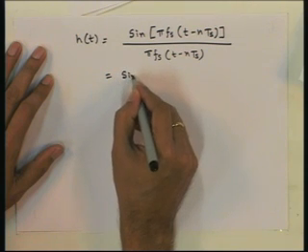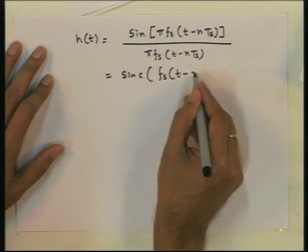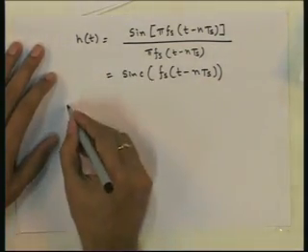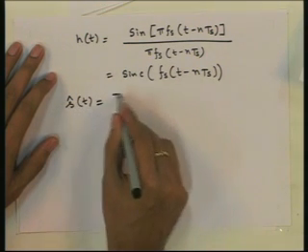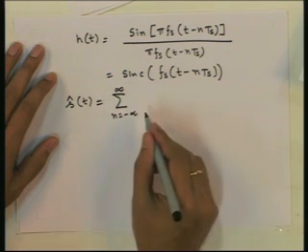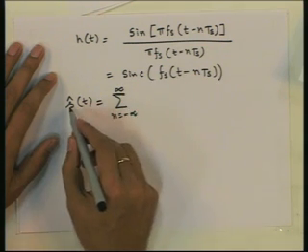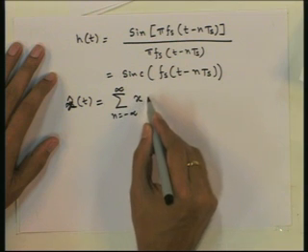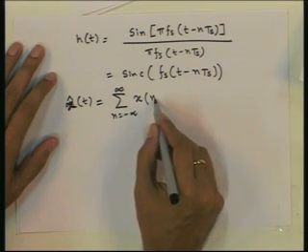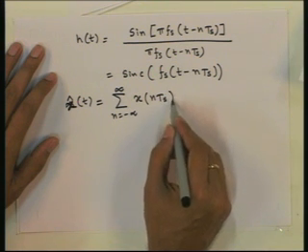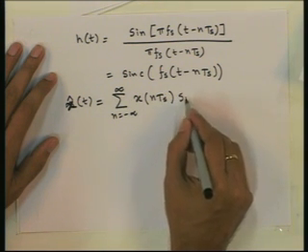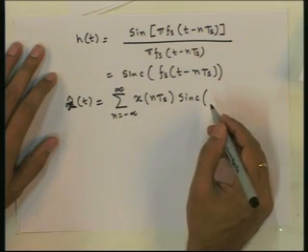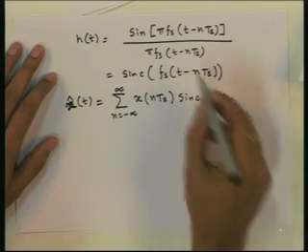The answer is that we should take the following impulse response, which is nothing but sinc Fs (t minus n Ts). Now, if you take this impulse response, the recovered signal is, by our notation, x of n Ts times sinc.